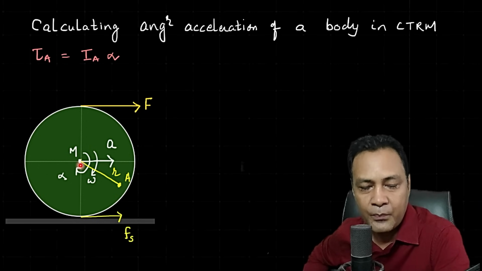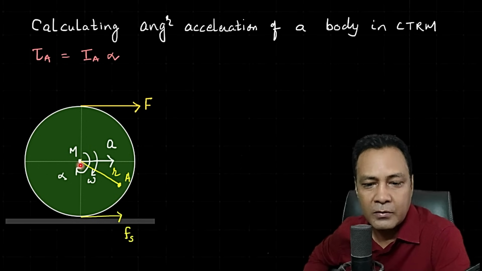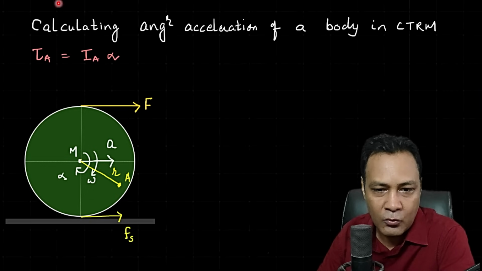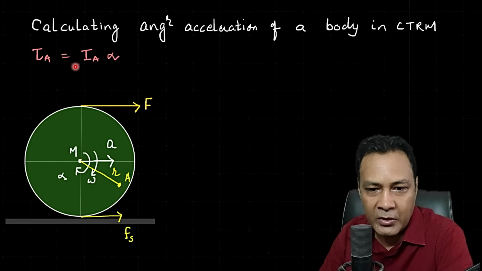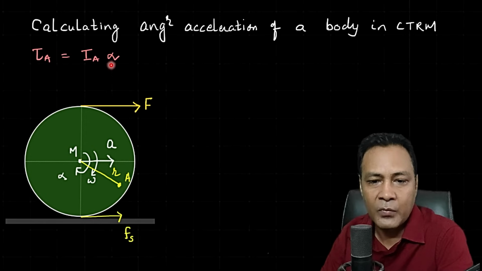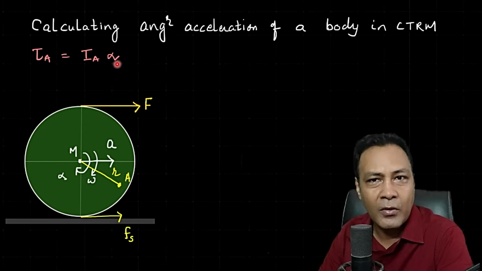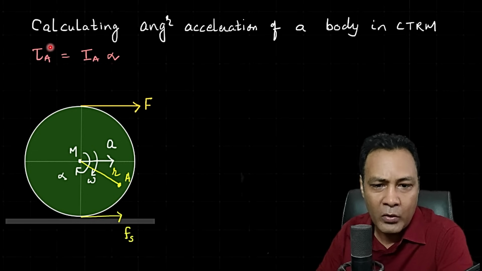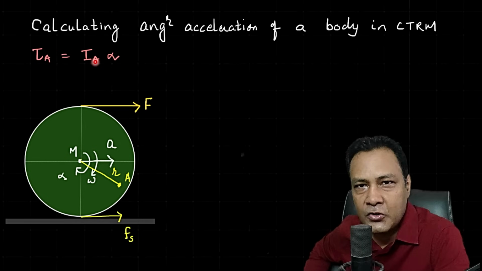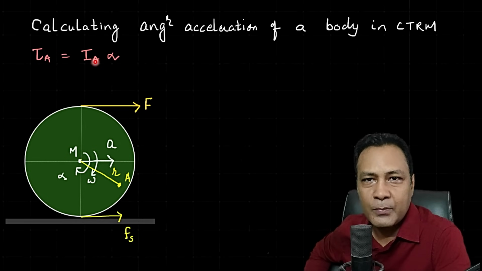So these are the forces, and we want to find angular acceleration by applying torque about A. So we want to apply this equation, torque about A is equal to I about A alpha. Remember, you can apply torque about any point, so alpha would be the same. So tau A would be different and so would be I_A.